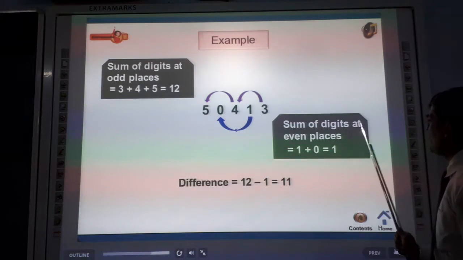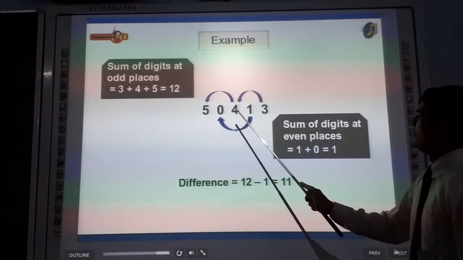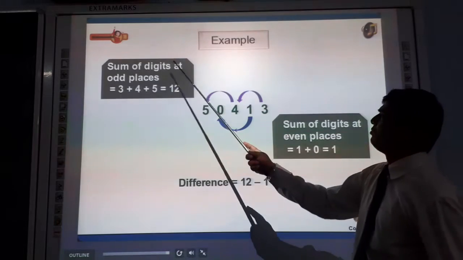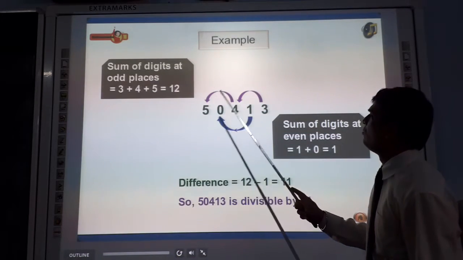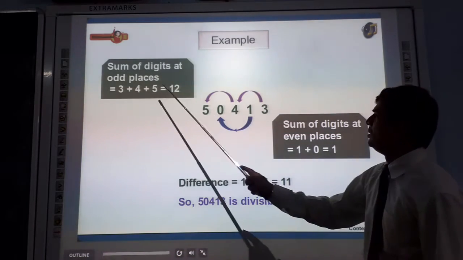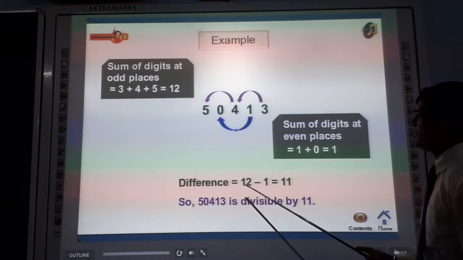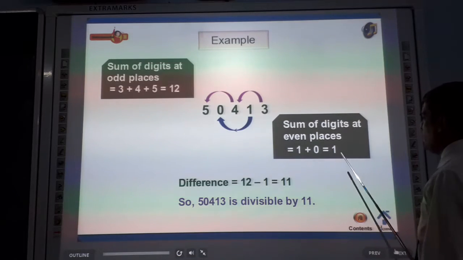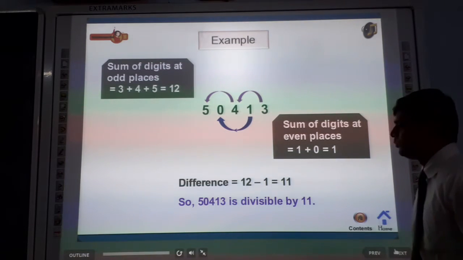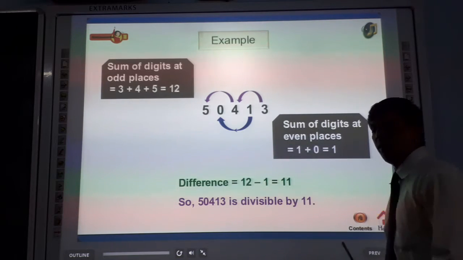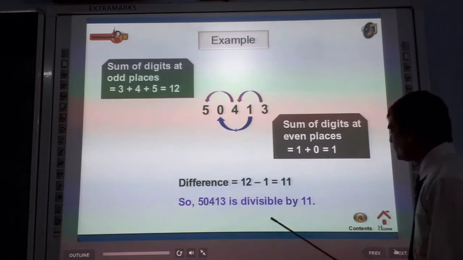Sum of digits at even places: 0 plus 1, 1 plus 0 is equal to 1, and sum of digits at odd places: 5 plus 4 plus 3 is equal to 12. Look at this. Difference is equal to 12 minus 1 is equal to 11. So 50413 is divisible by 11. Okay student?